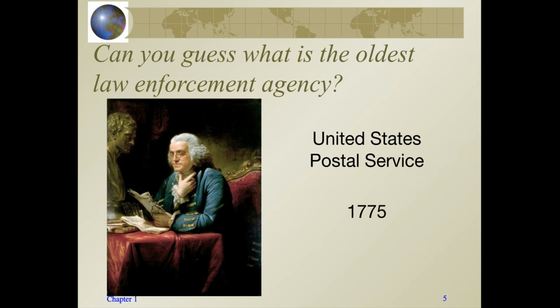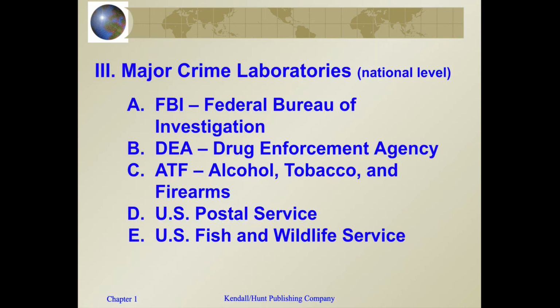So in 1775, Benjamin Franklin named the first post office inspector, and William Goddard's job was to investigate and arrest anyone who stole or interfered with the mail. And back then, it was usually the innkeeper who collected the mail or the mail carrier. And Congress made mail theft a capital crime in 1972.